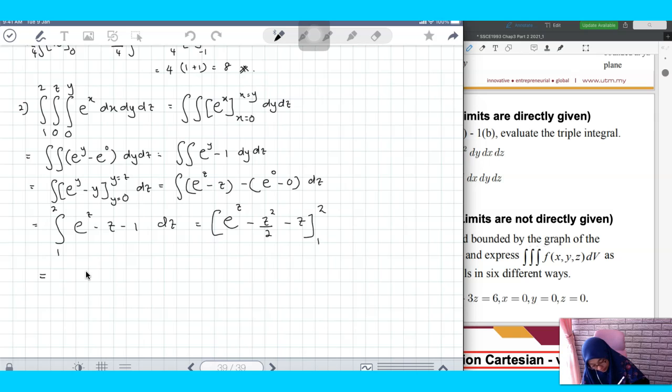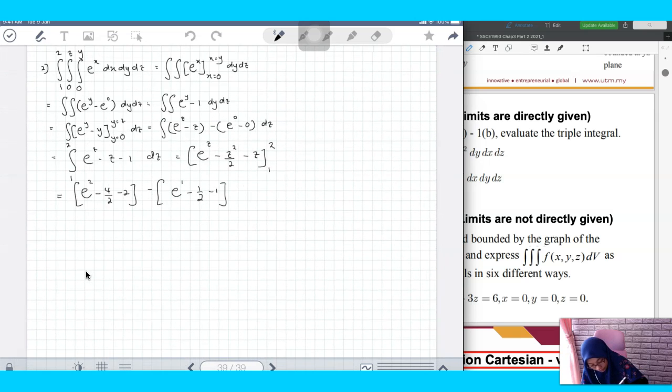So e squared minus 4 over 2 minus 2, minus (e to the 1 minus 1 over 2 minus 1). So e squared minus 4 minus e plus 1 over 2 plus 1.